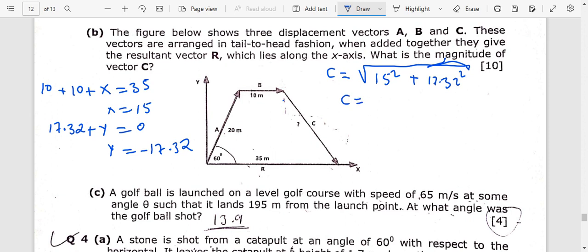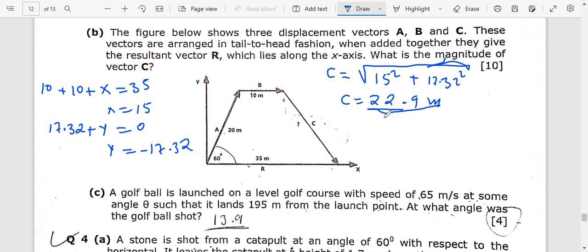We see what we're going to get as the magnitude for C. So that will give us 22.9 meters. That is the magnitude.